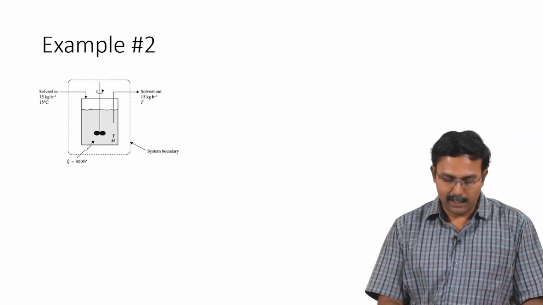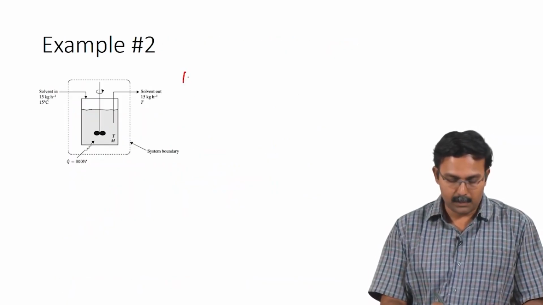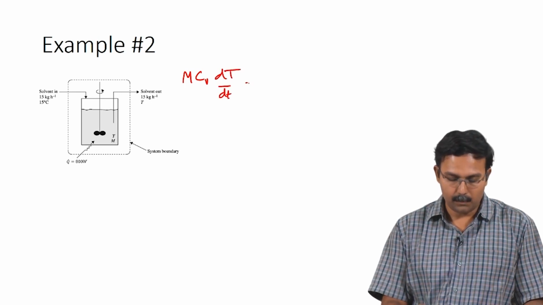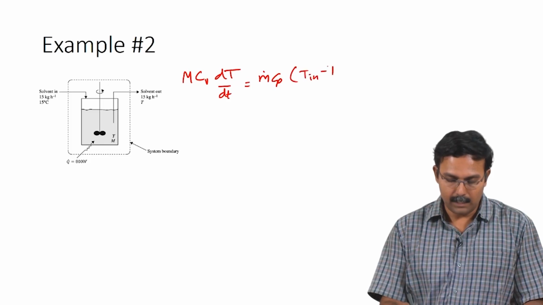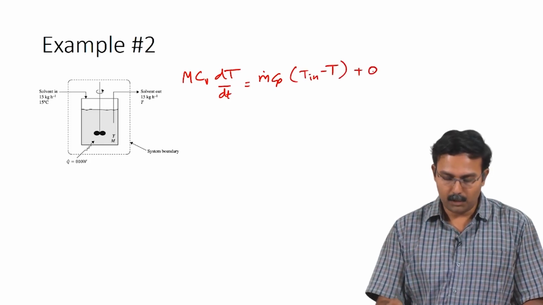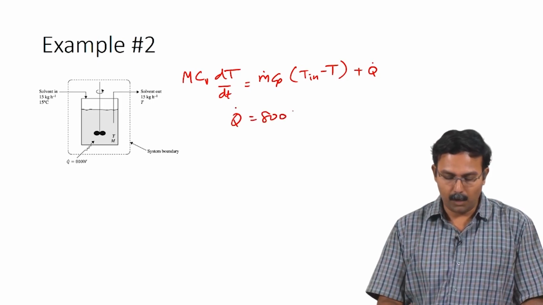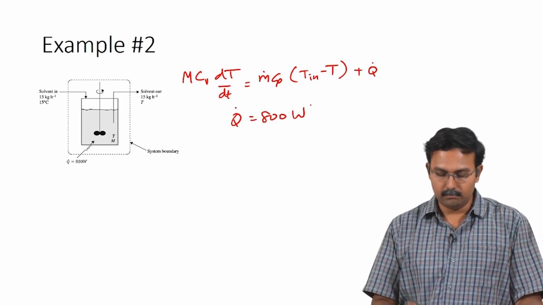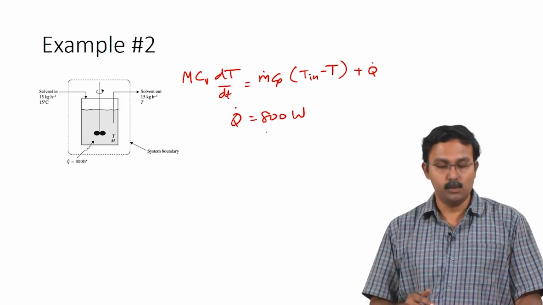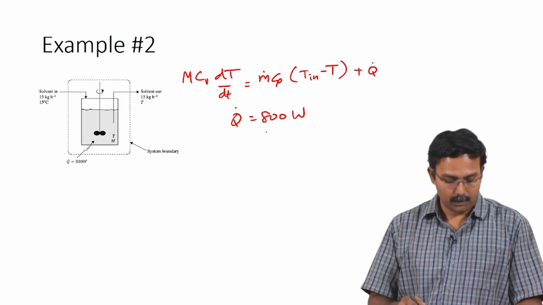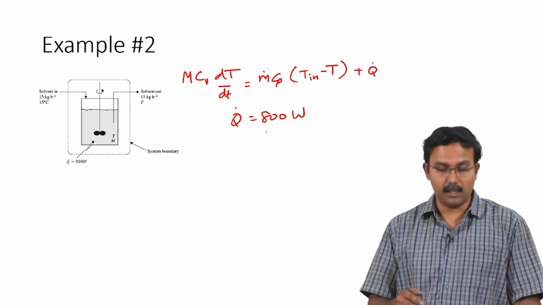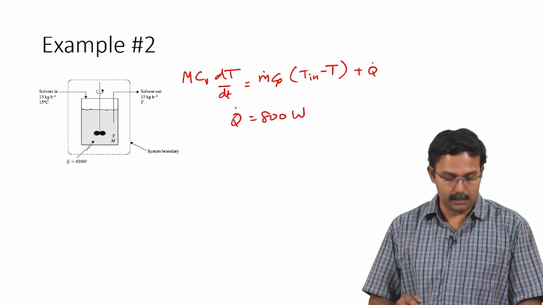The equation we had for the open system was m Cv dT/dt equals m dot Cp (Tin minus T) plus q dot. Here q dot is given as 800 watts, and this needs to be converted to kilojoules, because that is the unit used for the Cp and Cv terms.